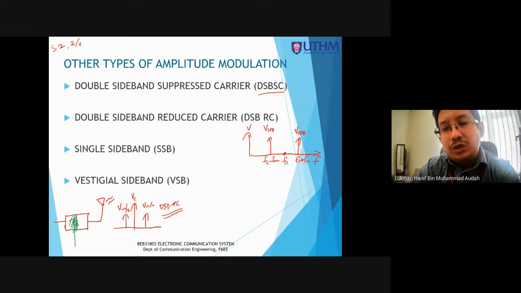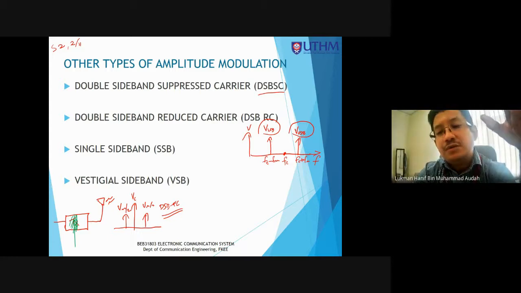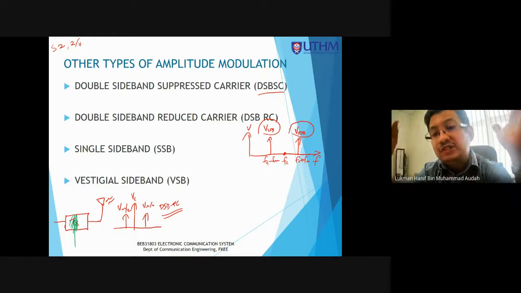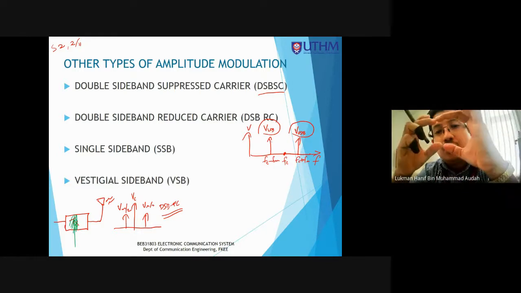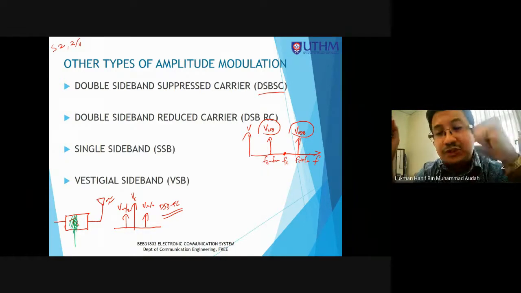When we look into other types of amplitude modulation techniques, the amplitudes here are not equal to Vm over 2. It depends on the full equations. So when you want to draw the frequency spectrum, don't straight away draw it. You need to define the complete equation of the AM, then you can draw the frequency spectrum.